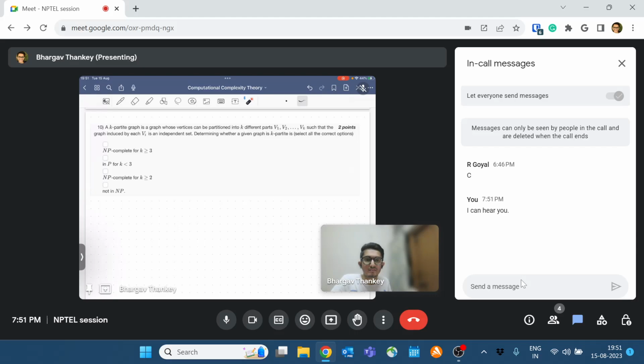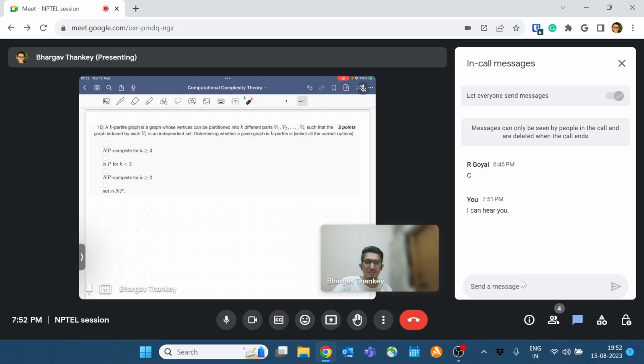Even if this has not been posed as a decision problem, the problem comprises k number of independent sets, and deciding whether this partition is indeed an independent set, this problem is NP complete.